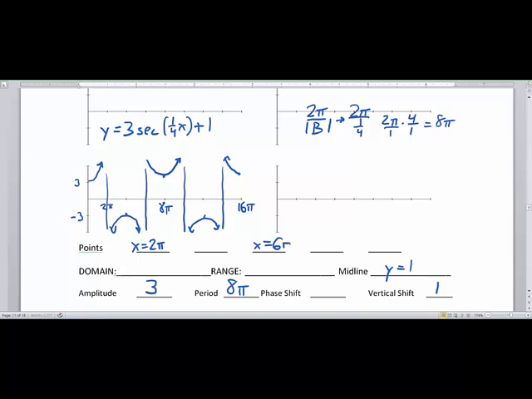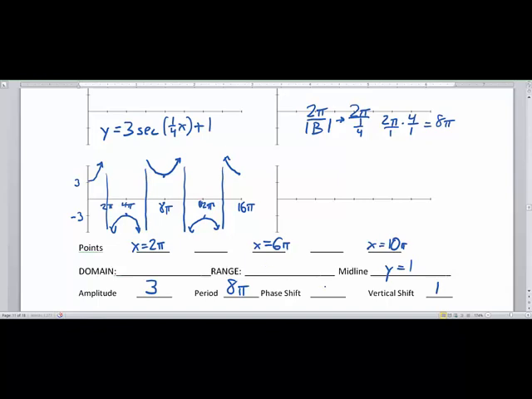X equals 6 pi, and then we have x equals 10 pi. Sorry about my little mental math mistakes here. So I got x equals 2 pi, x equals 6 pi, x equals 10 pi. Because here we have 4 pi, 6 pi, 8 pi, 10 pi, 12 pi, 14 pi, and 16 pi.